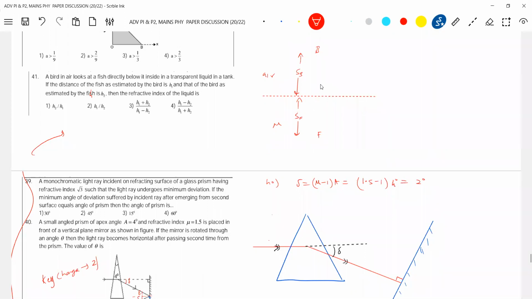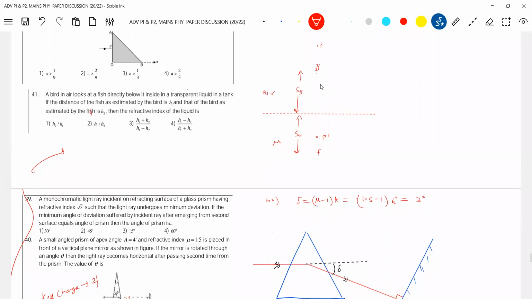So for the bird, the fish will appear to be at F dash. And for the fish, the bird will appear to be at B dash. So this is the distance given. And next, this is what H2 is given.